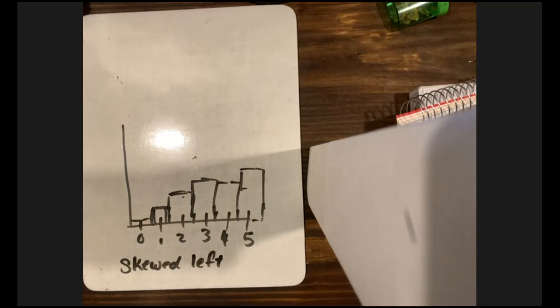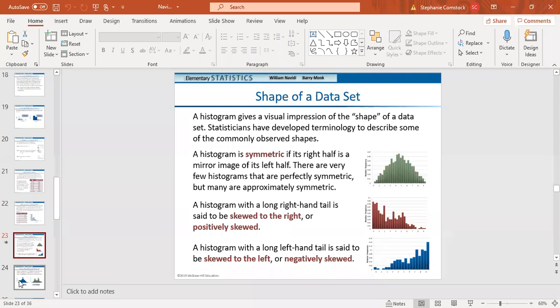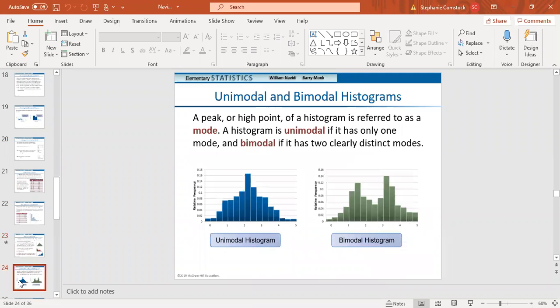Now, one other thing that we're going to look at, okay, is whether or not a data set, from a histogram standpoint, is unimodal or bimodal, okay? The highest point is often called the mode. It's the thing that happens the most often, or has the highest frequency.